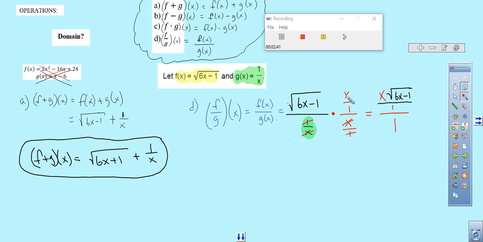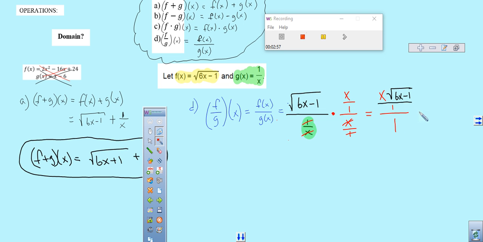For grammatical purposes, we put the x out in front. Well, we know that anything over 1 just disappears. So the final answer to this guy is x times the square root of 6x minus 1.